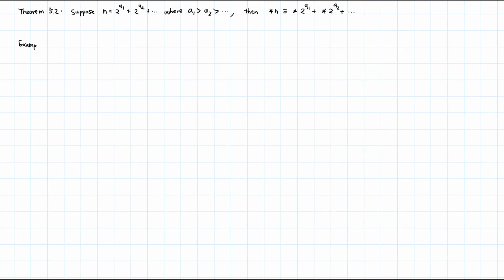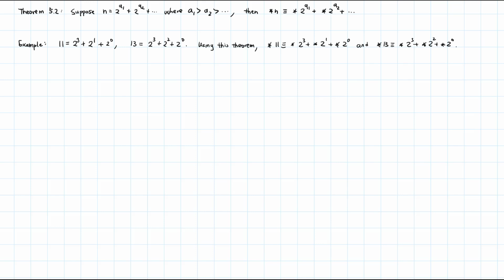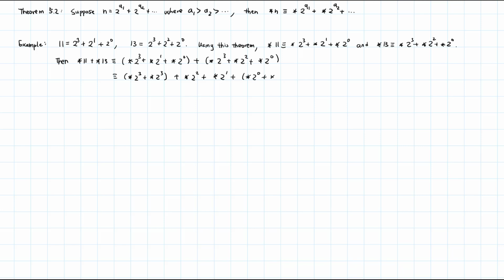We start with an example. We first write 11 and 13 as sums of powers of 2s, like this. Then, using this theorem, we have these equivalent games. So star 11 plus star 13 is equivalent to the sum of these two expressions. We now use associativity and commutativity to rearrange our expression like this. We group identical terms together.